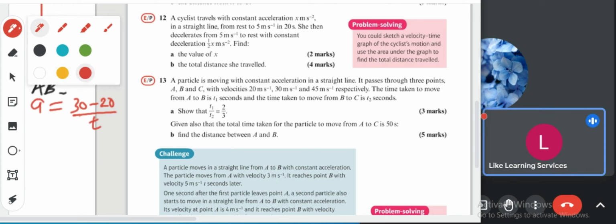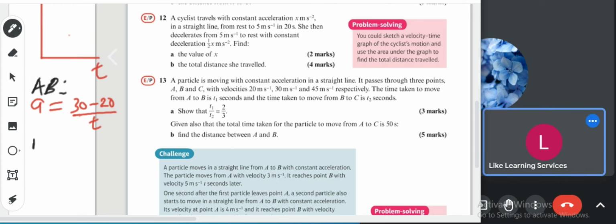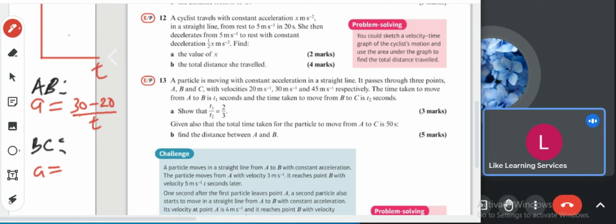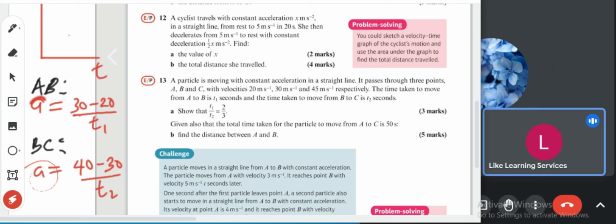Between B and C, that same constant acceleration is the same value, 40 minus 30 over T2. Since it's a constant acceleration, this is equal to this.